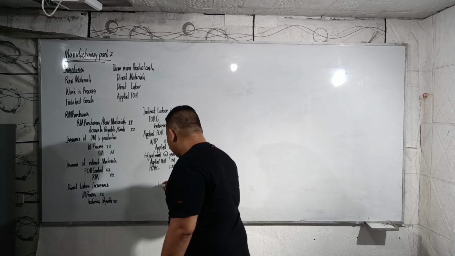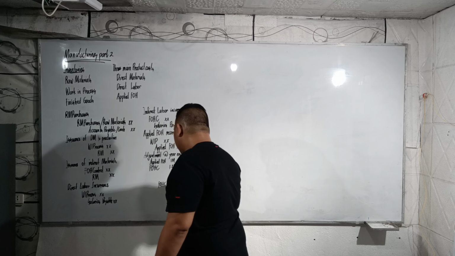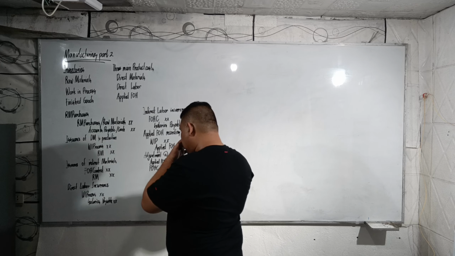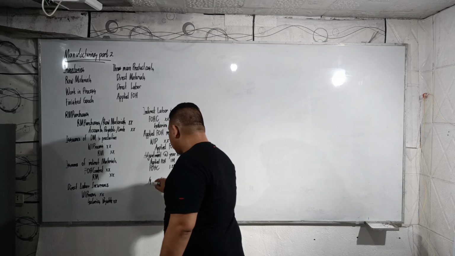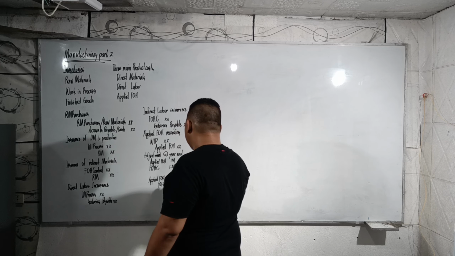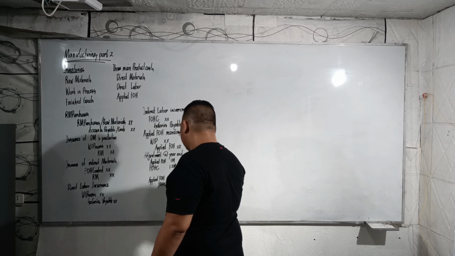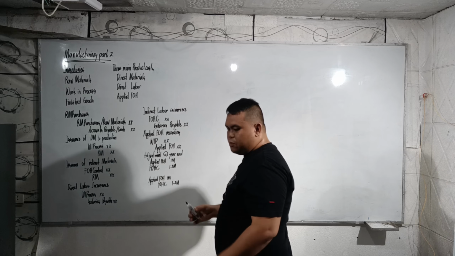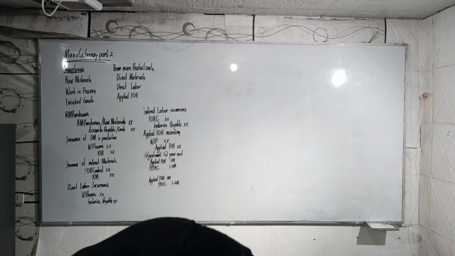Of course, the factory overhead control will be credited because its normal balance is actually debit. And then we have to debit the applied factory overhead, which is 1 million, because the normal balance of the applied factory overhead here is credit.